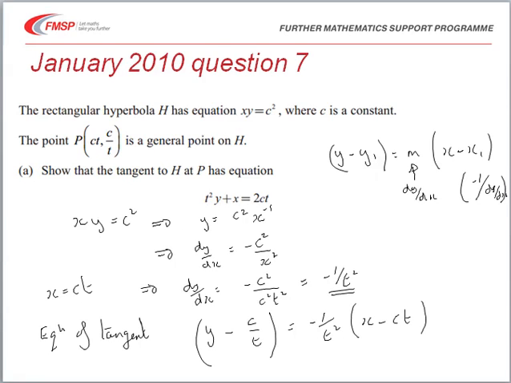It's then quite a simple thing to multiply through this equation by t squared to give us t squared y minus ct is equal to negative x plus ct, and then finally to give us the equation that we want, therefore t squared y plus x is equal to 2ct.